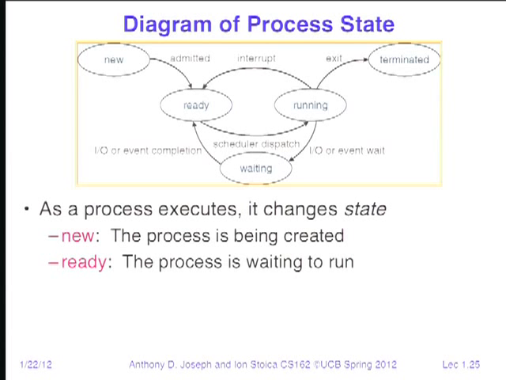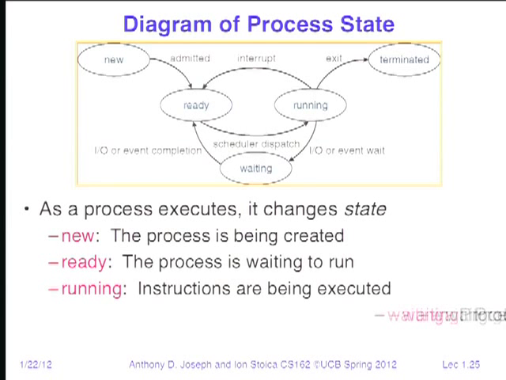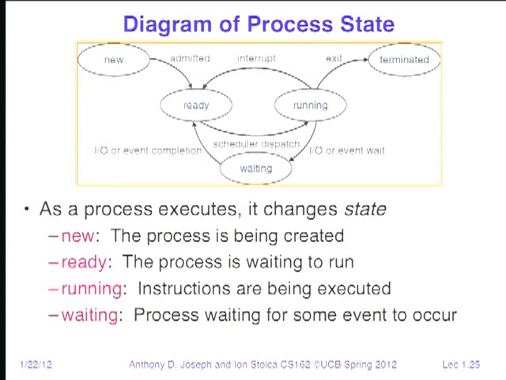Okay? And it'll run for some period of time until something occurs. It could generate an I/O request or wait on another process, in which case it'll be put into the waiting state. When that event completes, like that I/O or that process, it'll then be put back into the ready state and be ready to run again.